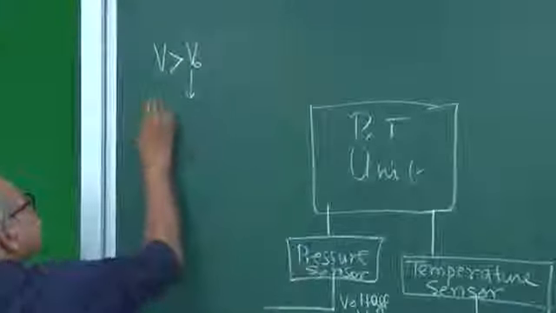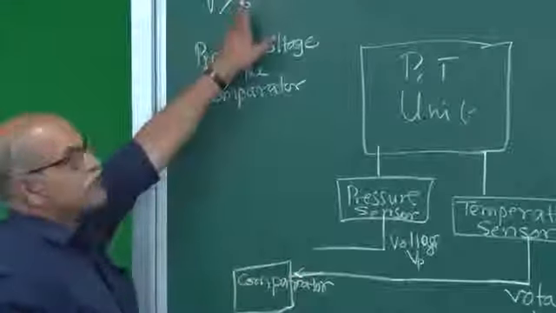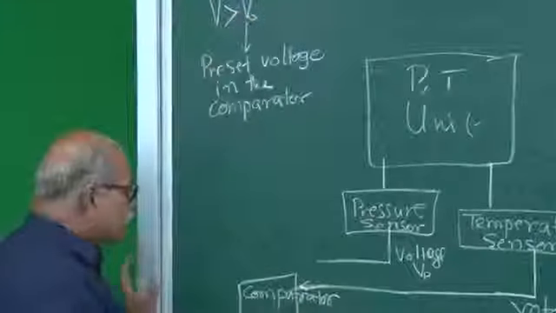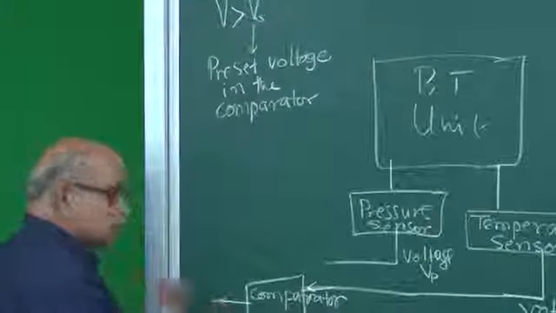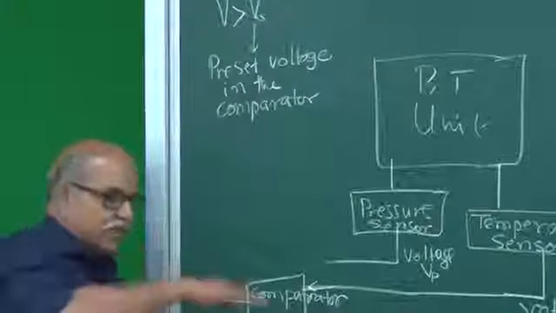Comparator is a circuit in fact. So, if this input voltage which is coming is greater than this, it gives me an output which has a high, fixed value, of course, let us say 3 volts. So, it gives me a 3 volt value which I will call high.